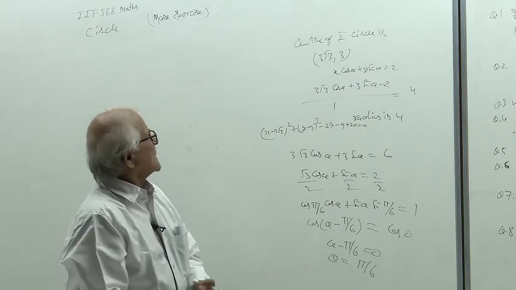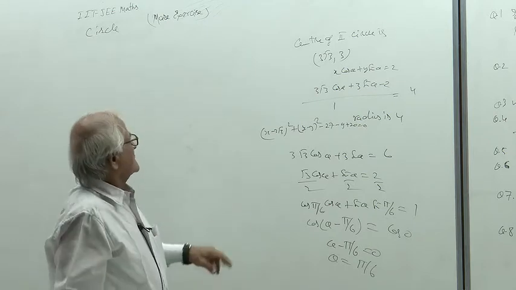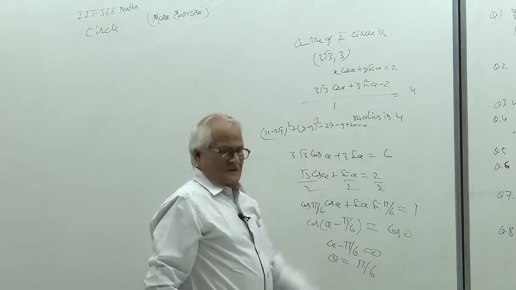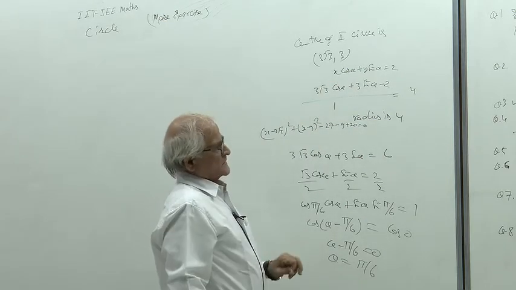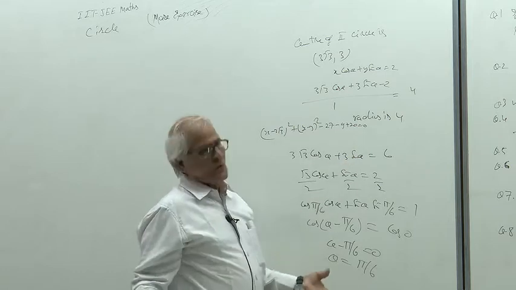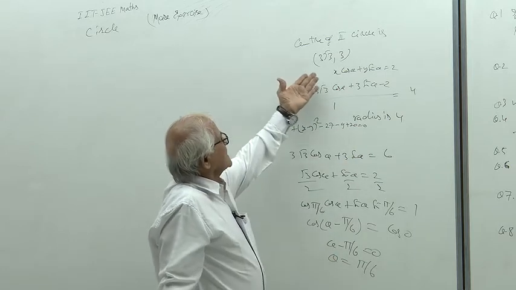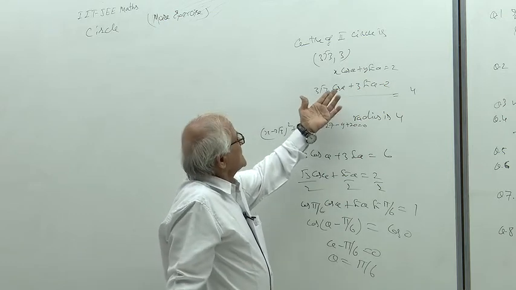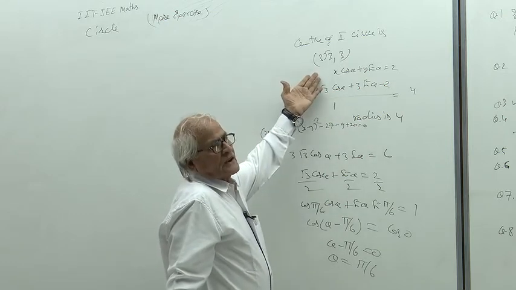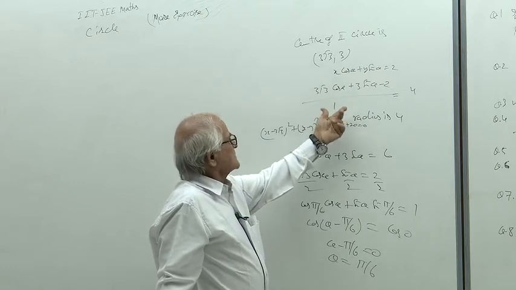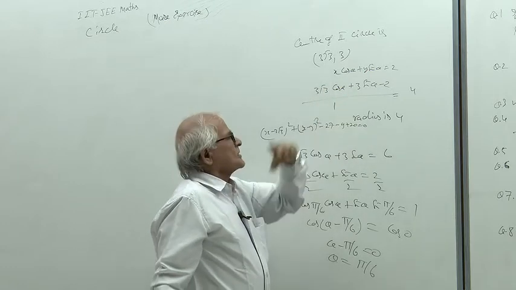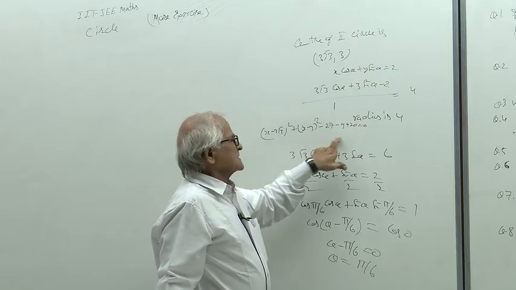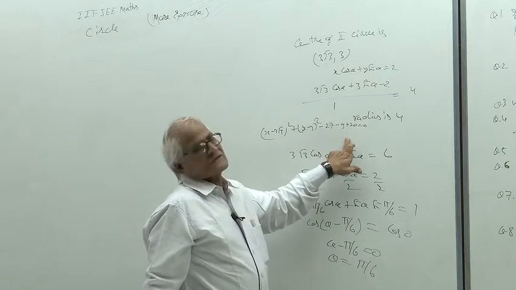Now I am again repeating. This equation is tangent to the first circle. We have proved the distance from 0, 0 comes out to be the radius. And for the second circle, we have the distance from 3 root 3, root 3. This is equal to 4 because the second circle can be put in this way and we get the radius 4.